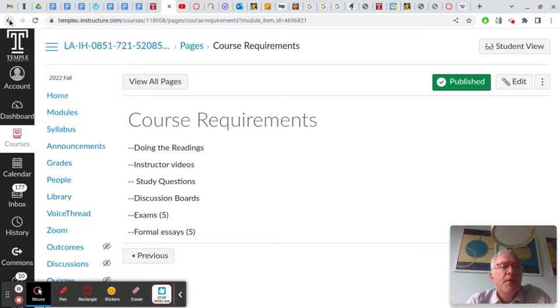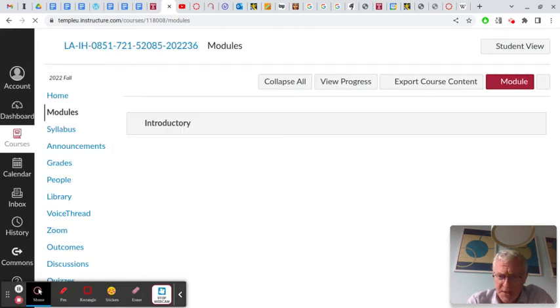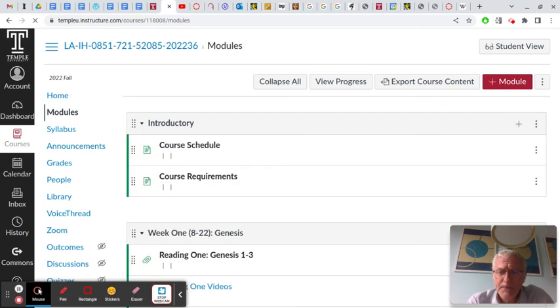That is the study questions, the discussion board, which are ungraded assignments, and then the reading knowledge exams and the formal essays that are due, the 500-word or 2-page formal essays that are due after each unit.